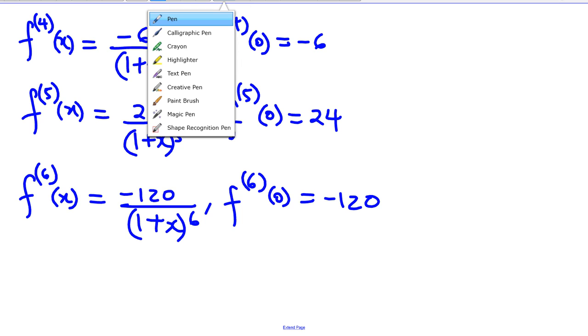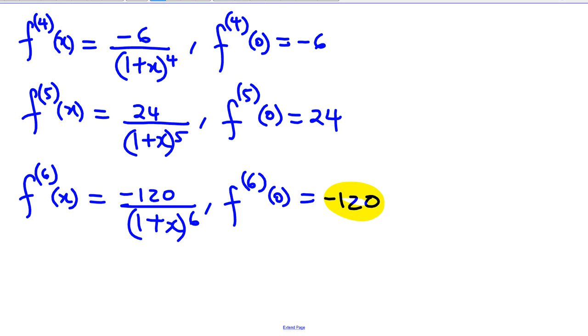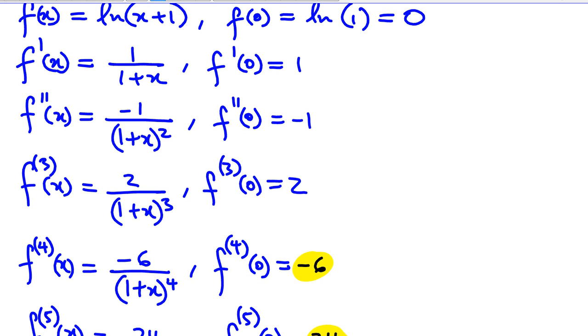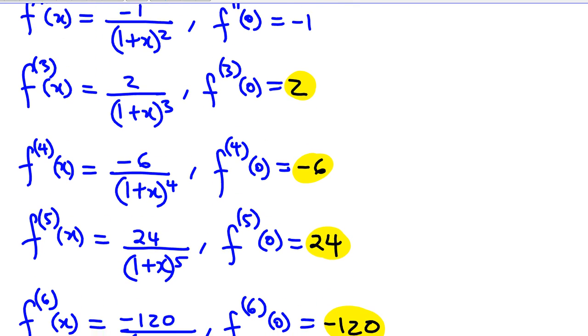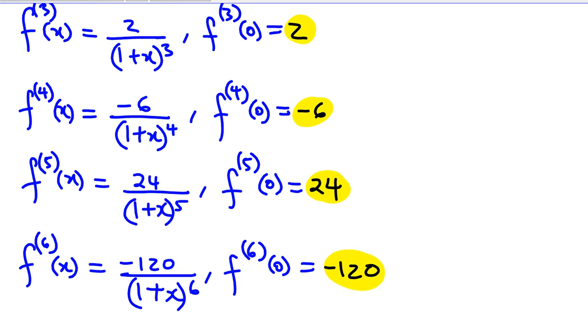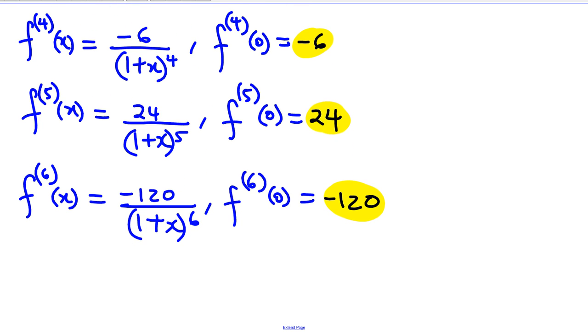Now, I just want to go back and look at the pattern of these values here, if you can notice anything. In fact, we can stop up to there. Now, 2 factorial is 2, 3 factorial is 6, 4 factorial is 24.